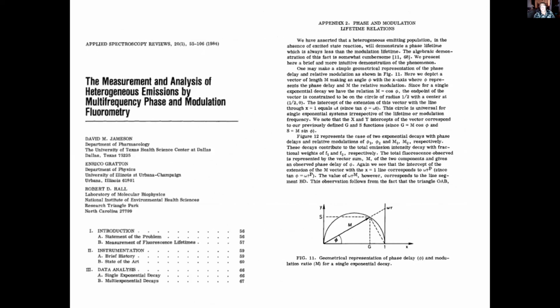The first use of phasors in fluorescence appeared in this review by Enrico and myself and Bob Hall, a student of Weber's, in this appendix. There you see a modern phasor diagram, and you're going to see a lot of these in the course, where we have the S and the G plotted.